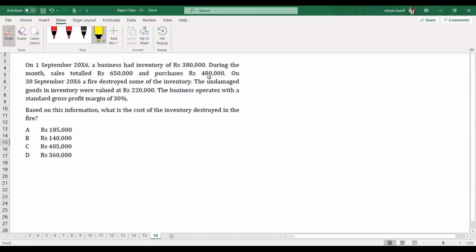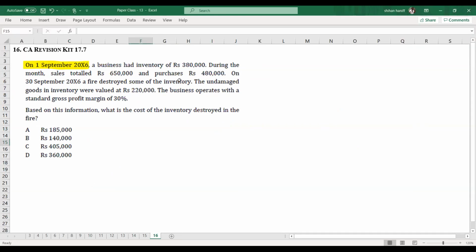During the month, sales total 650. On 30th September, end of the month, a fire destroyed some of the inventory. The undamaged goods of inventory were valued at 220. The business operates with a standard gross profit margin of 30%. Based on the information, what is the cost of inventory destroyed? Can you do this?